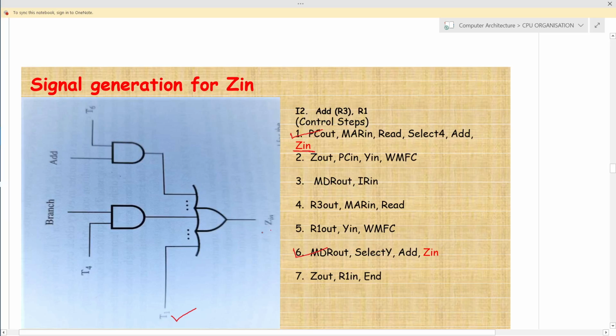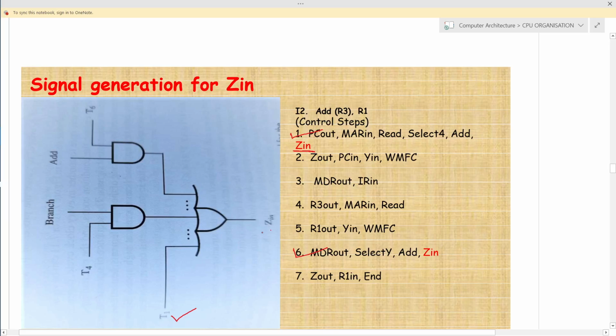At the same time, we may require Z for a branch signal in case a branch instruction is executed. This way a particular signal, say Z, is generated at different timing units, depending upon the type of instruction we are using.